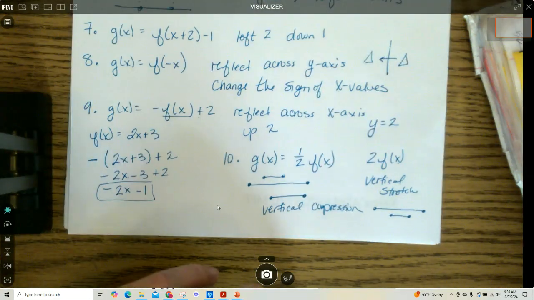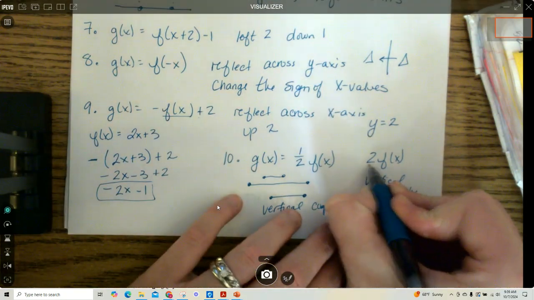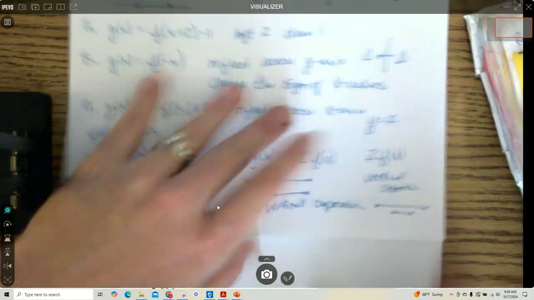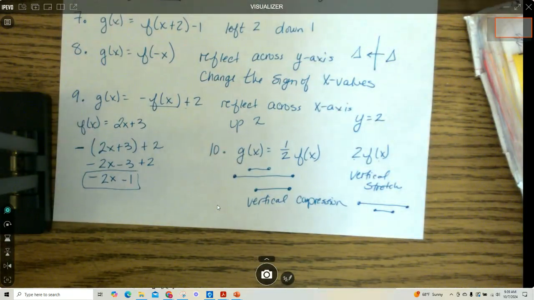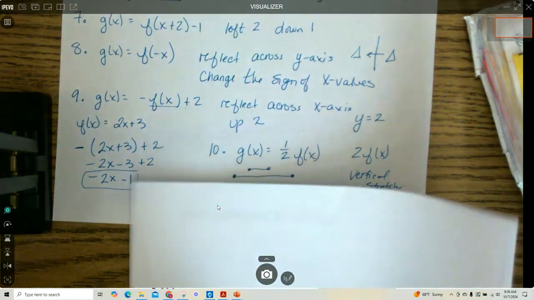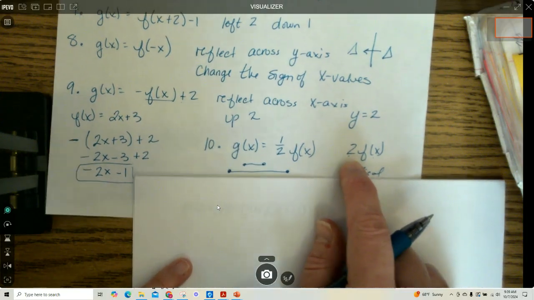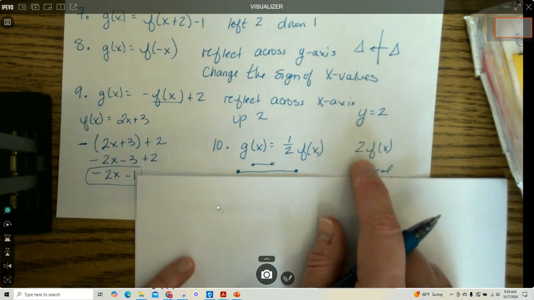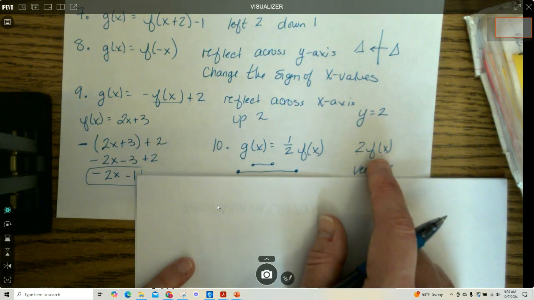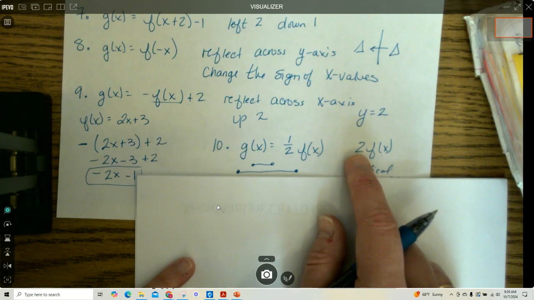So the original equation, and then we're doing 2 times f of x. It says just multiply, but quantify the number. You would multiply the y values times 2. Does that make sense? So the x values would stay the same, and the y values would get multiplied by 2.